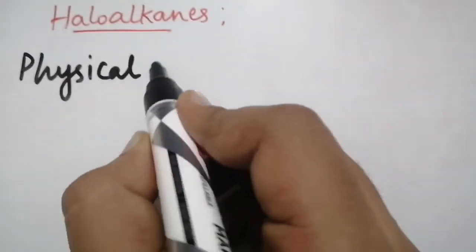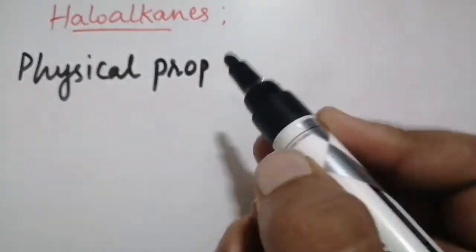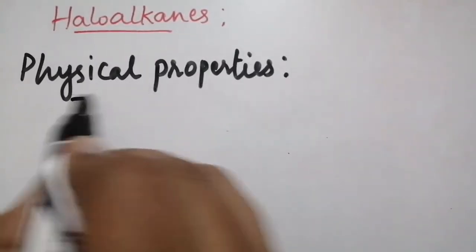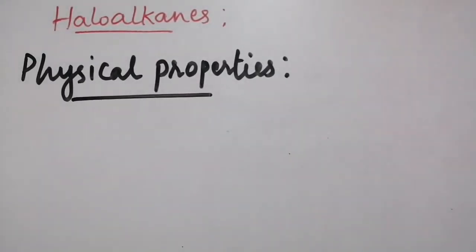What are physical properties? Properties such as boiling point, melting point, density, bond strength, and solubility are all considered physical properties.